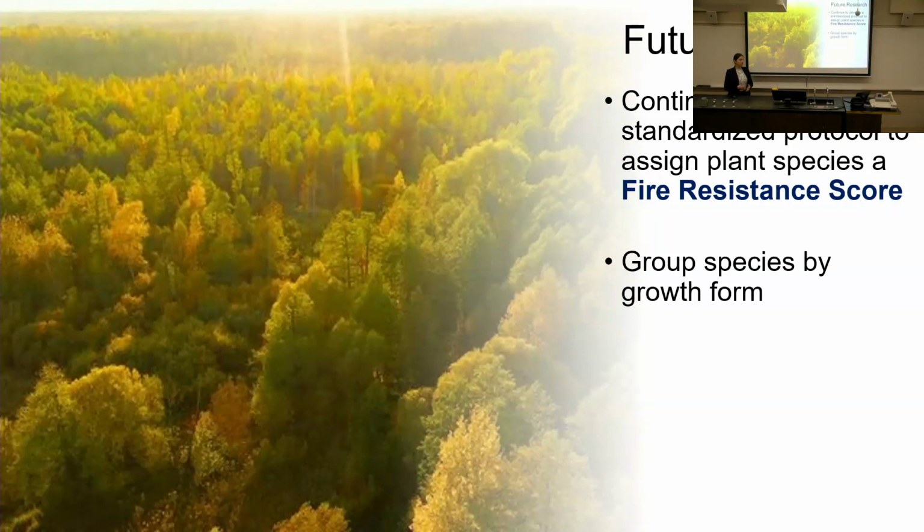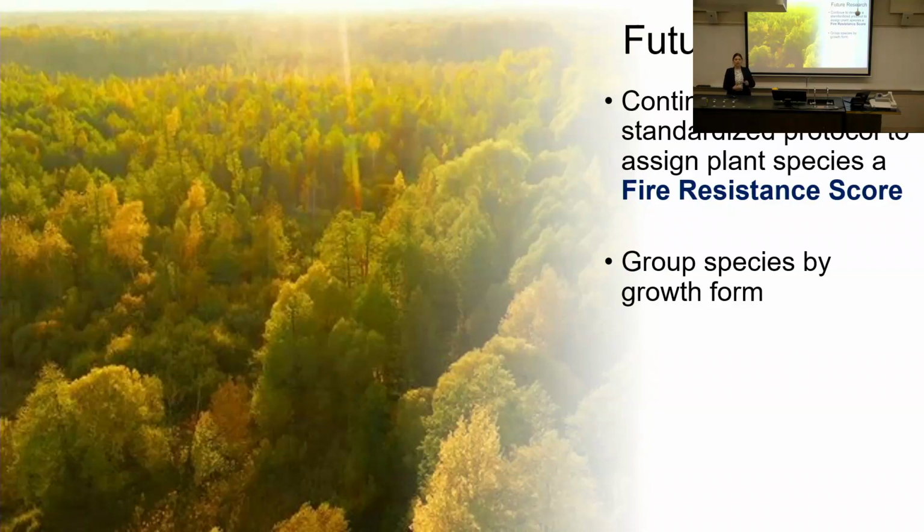As I've alluded to, grouping species by growth form. So we did analyze this within our study, but maybe by separating the shrub from the tree growth form, but maybe this needs to be done in another way. So analyzing a shrub species based on those fire embracing trait strategies, and so making a fire embracing score versus the tree growth form having that fire resistant score.